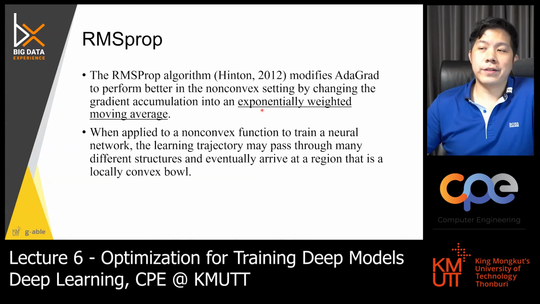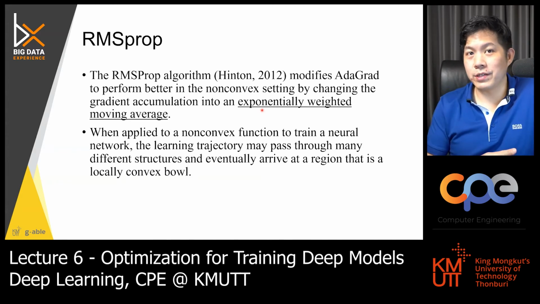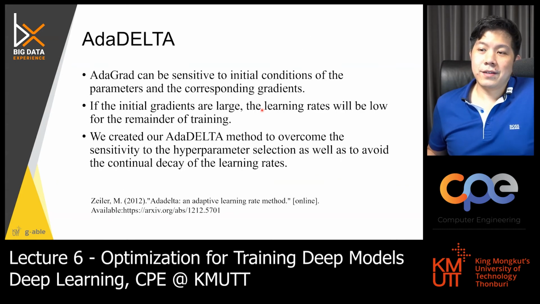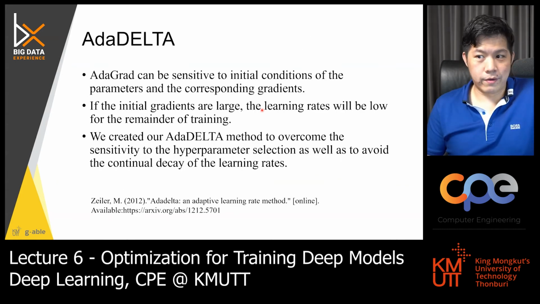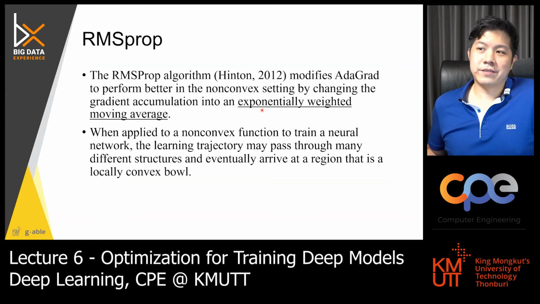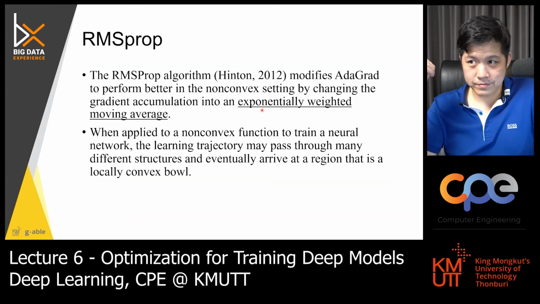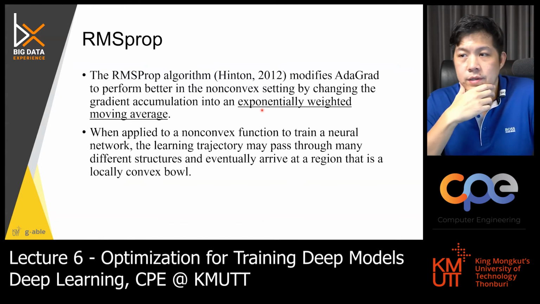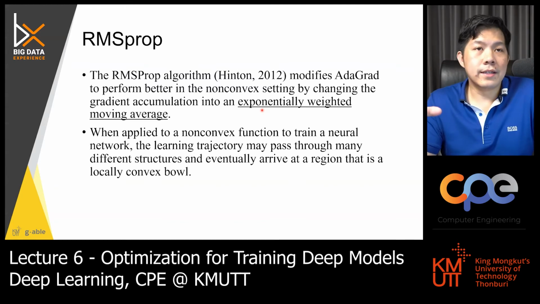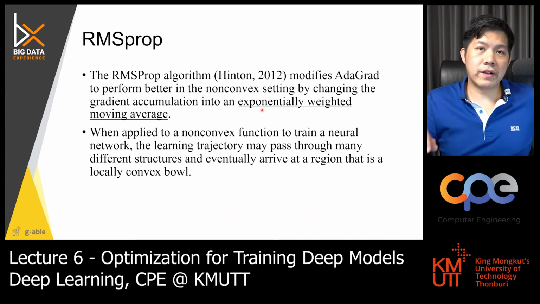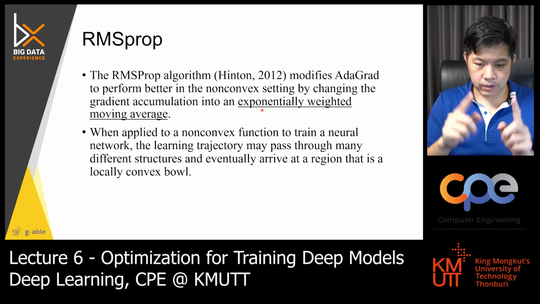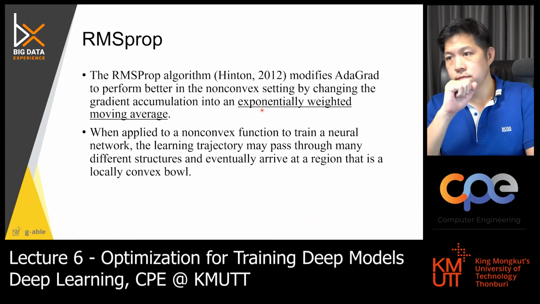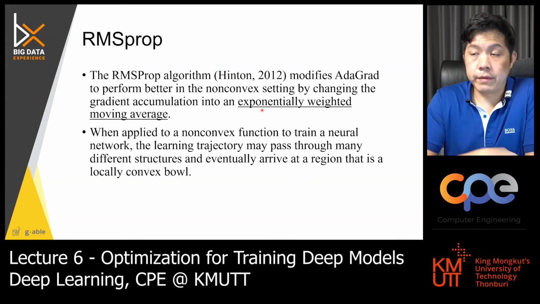Well, sounds like the previous one, right? This one is also in 2012, AdaDelta, addressing the same problem. This one in 2012 as well. But it focuses on the non-convex function. Right? Convex function is a function where you can find the bottom part. For non-convex, then it might not be the case.